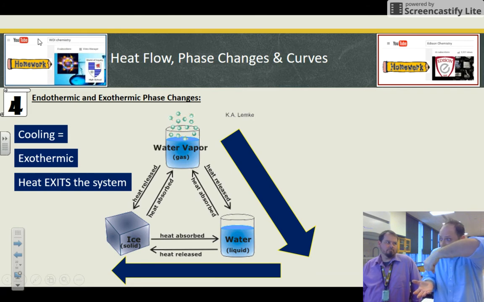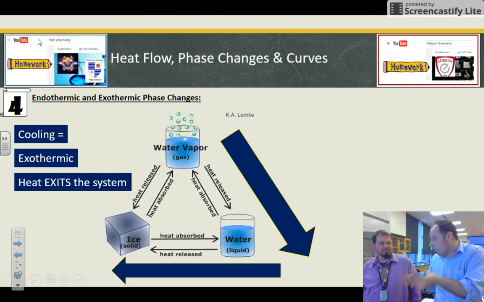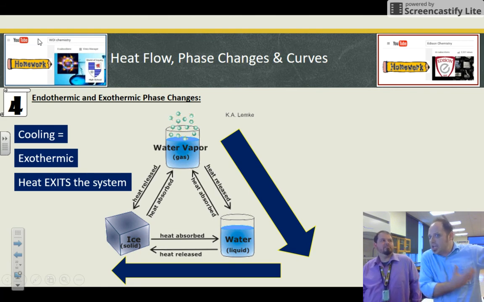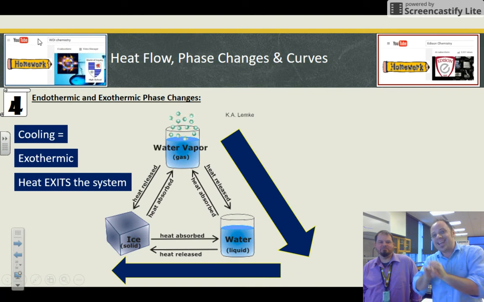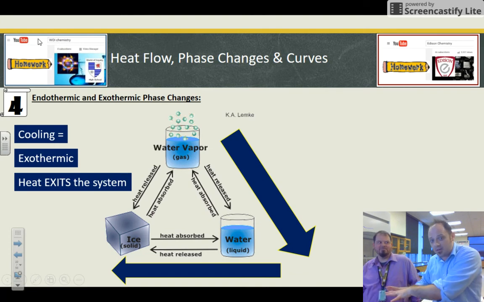The fridge soaks it up and kicks it out the back. I don't know if you've ever played around behind the fridge when it's operating. Behind the fridge is kind of warm and hot because it's taking all the heat from the food inside the fridge and sucking it out and kicking it out the back of the fridge. So heat is exiting the fridge via the back of it. When you hold the door open too long, heat enters the fridge and everything gets messed up.